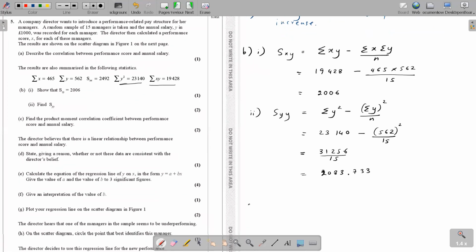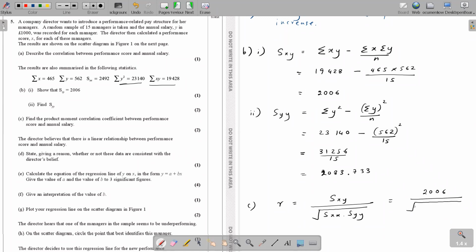Next one, part 3, find the product moment correlation coefficient between the performance score and salary. So R, basically the R value. Product moment correlation means the R value. So what's the R value? Sxy over square root of Sxx times Syy. Sxy value is 2006.